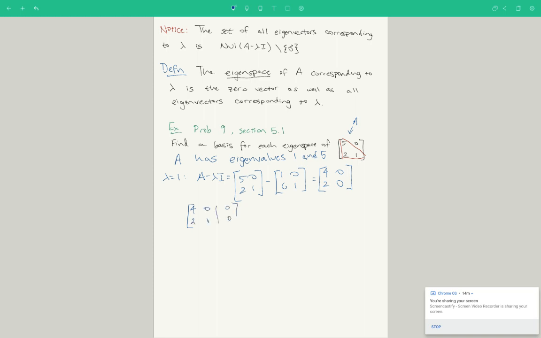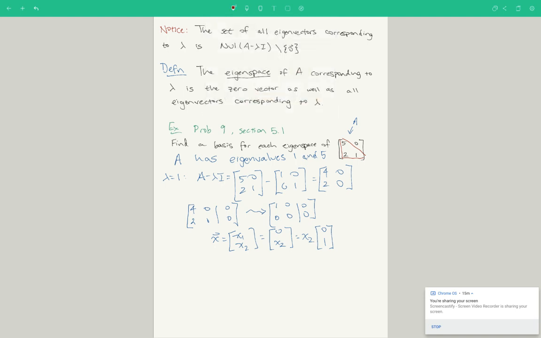So we go ahead and augment with the 0 vector. And if we reduce this down, we get 1, 0, 0, 0, 0, 0. So writing this in parametric vector form, we have x1 and x2. From the first row, we see that x1 is always going to be 0, and x2 is a free variable, so it'll just equal itself. So this is x2 times 0, 1.